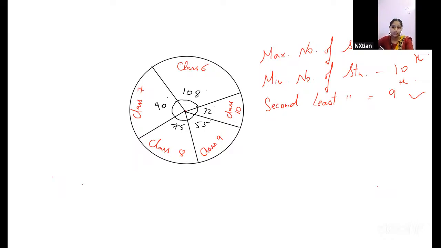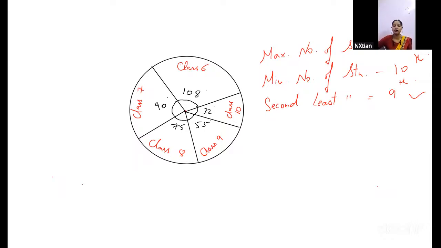Eighth class we had 150 students. Suppose sixth class also has 150 students, so both the angles will become 75. When the data is the same for two things, the angles will also be the same.